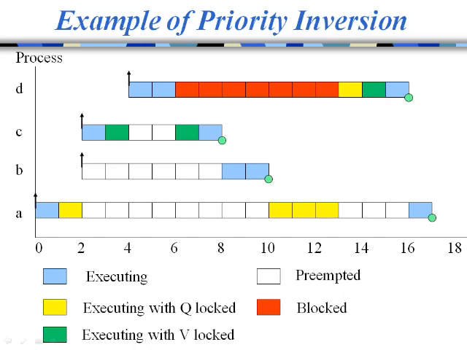So what we have over here, we start by releasing process A. Process A is the lowest priority process. Process A gets released, and it executes for 1 tick, then it runs owning Q for 1 tick, and then process B and process C get released.